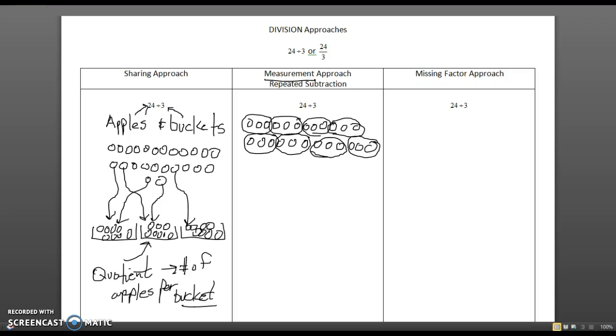All right, so if you look at this, I was able to form 1, 2, 3, 4, 5, 6, 7, 8 groups. So that is my quotient.